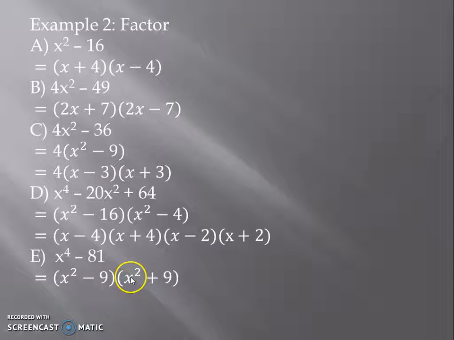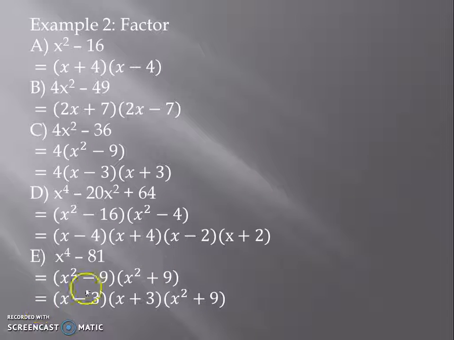And you may be thinking, shouldn't this one then be x plus 3 times x plus 3, or x minus 3 times x minus 3? Well, actually, no. Remember the title of this video, difference of squares? Well, it wouldn't be very different if the numbers that came out of this equaled the same thing.